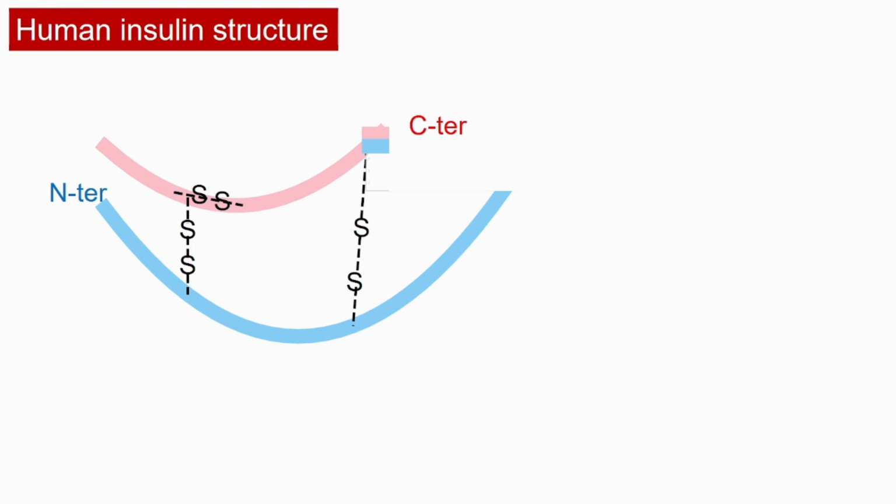To understand what enables these insulin structures to have different absorptions, durations of effect and peak effect, it is important to understand the insulin structure. Insulin consists of two chains, chain A with 21 amino acids and chain B with 30 amino acids.